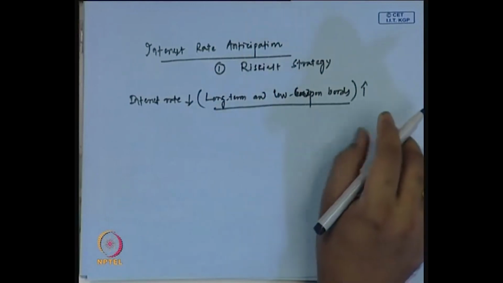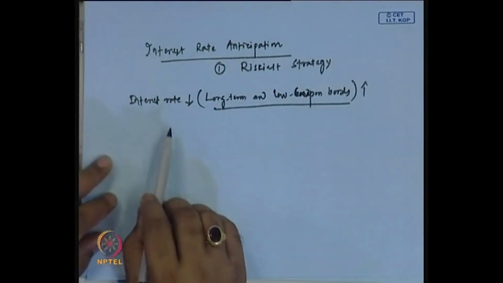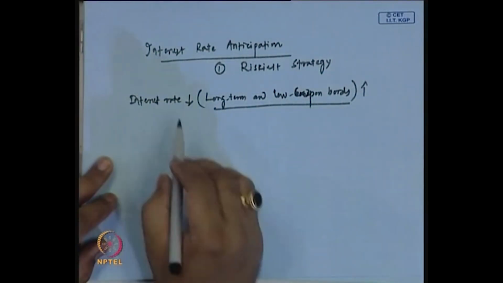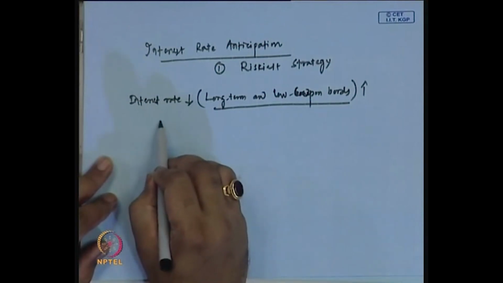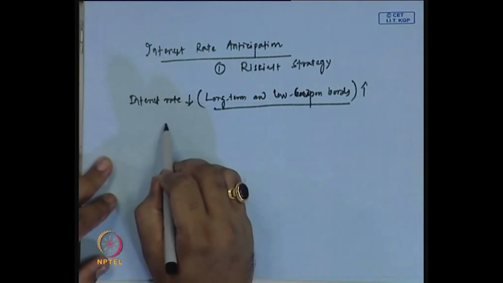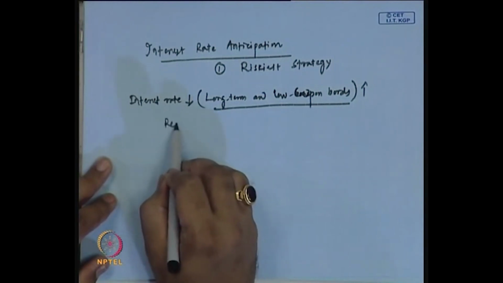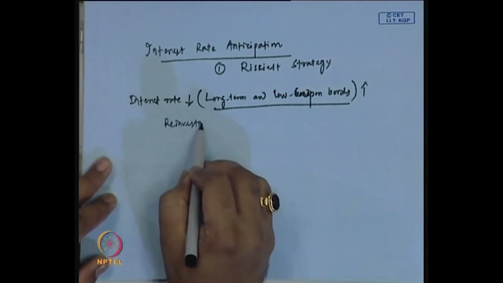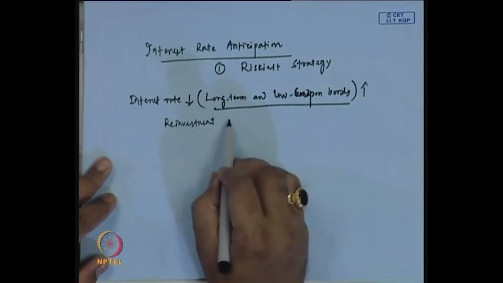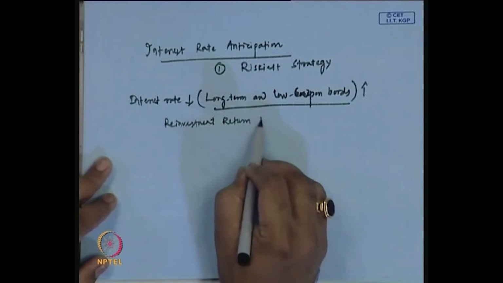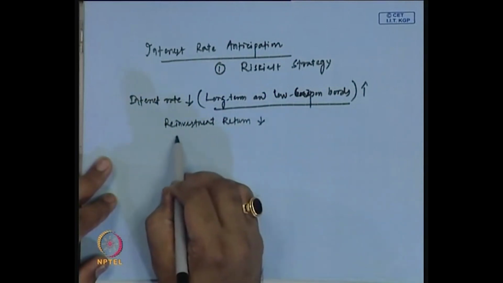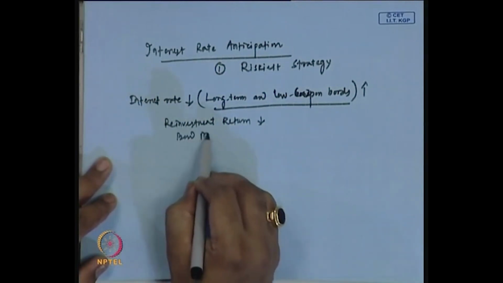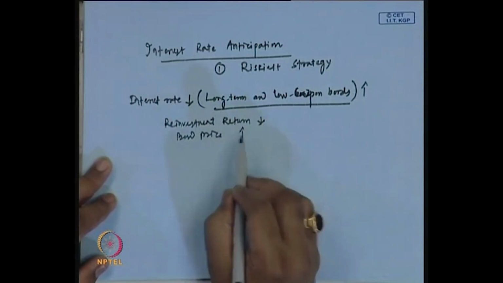Why is it so? Because if interest rates decline, there is some loss from reinvestment opportunities, the reinvestment return will decline, but the bond price will go up.